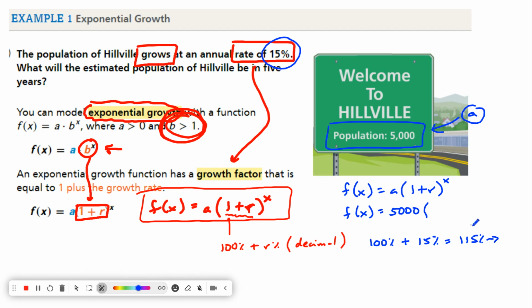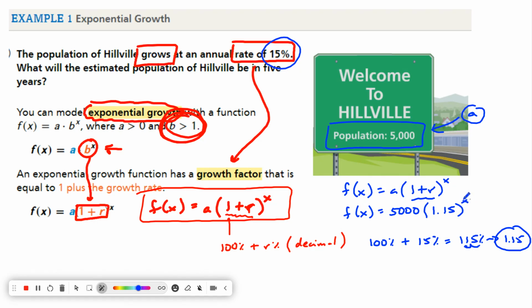To change that into a decimal, we're going to move the decimal place, which is after the 5, 2 places left, which means we go right after the first 1, 1.15. This is going to be what goes in that parenthesis, 1.15. And then x is going to be your time.